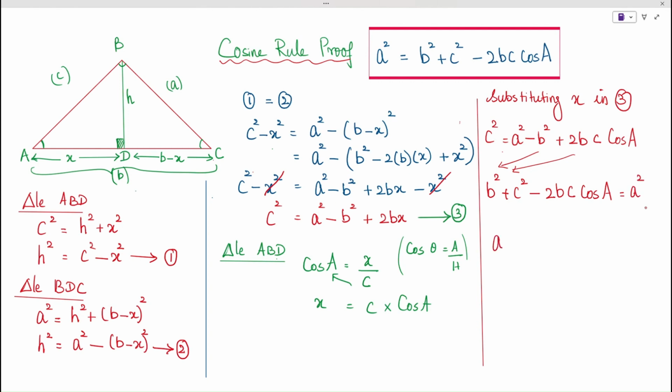And if we just flip the equation over, we get a squared equals b squared plus c squared minus 2bc cos A. And this is our cosine rule, and we have proved it.